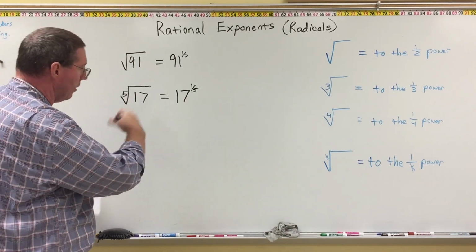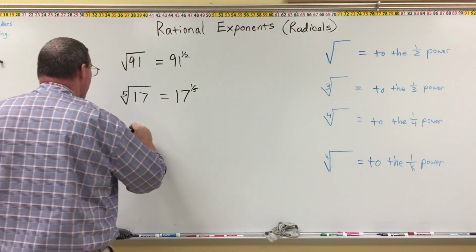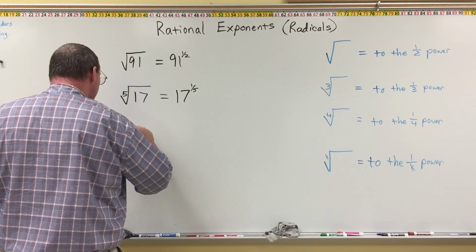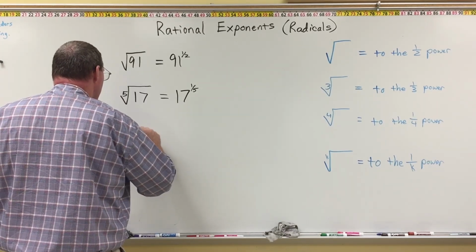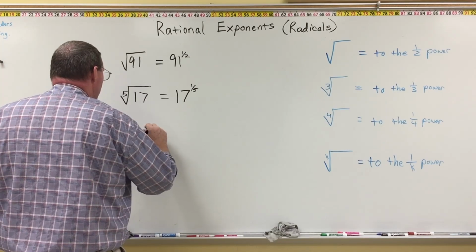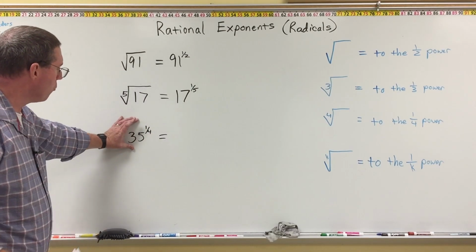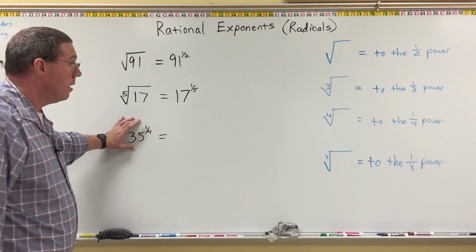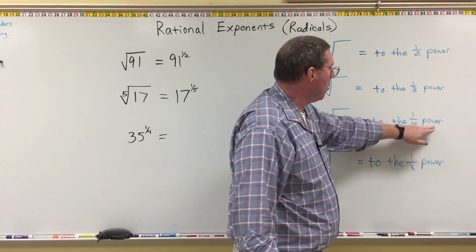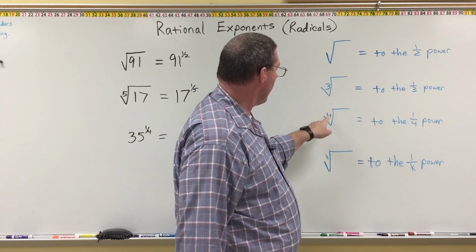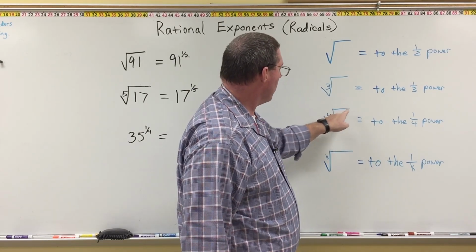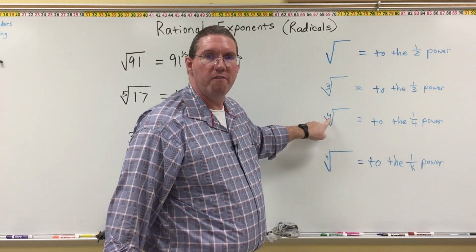Actually, I forgot. Let's do the opposite. Let's say that I gave you 35 to the 1/4 power. I now want you to write this as a radical. Well, the 1/4 power means that you want to use this symbol right here. It's like the square root symbol with a little 4 shoved in there.